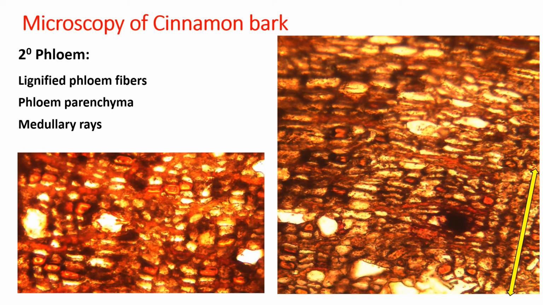Transverse direction means if the phloem is going in the upright direction, from lower to upper or upper to lower in a straight direction, the medullary rays will go in the perpendicular direction. The medullary rays are providing food material to the lateral regions of the plant.